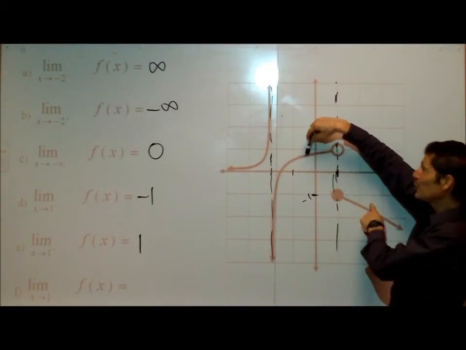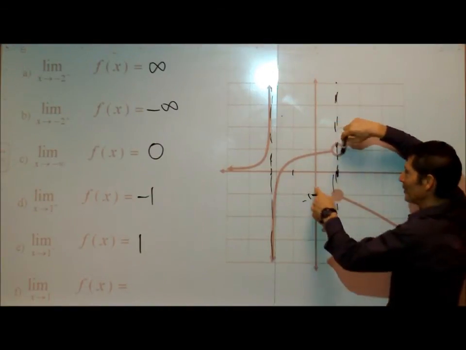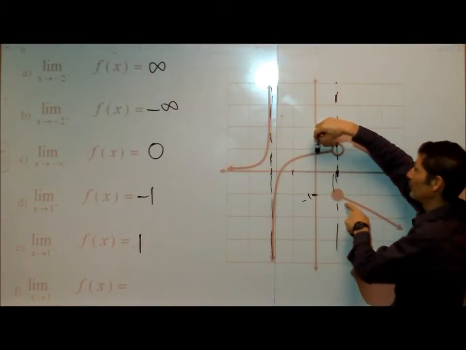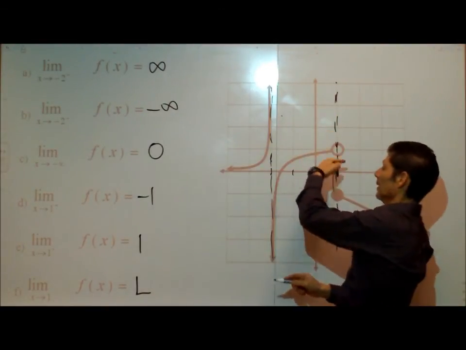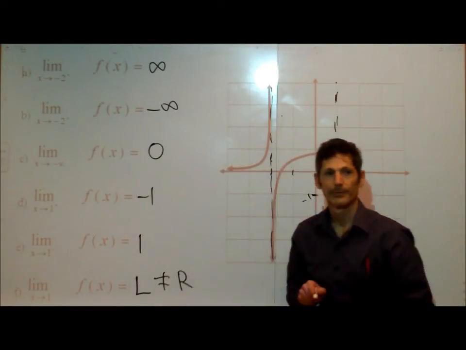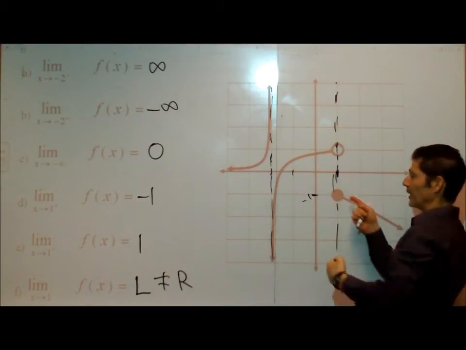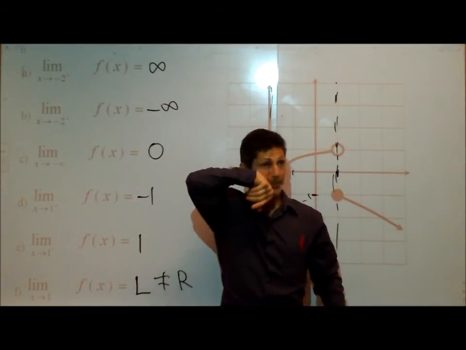I'm approaching 2 different values. In limit definition language, if you're approaching 2 different values, they say that the left side does not equal the right side. I'm going to a different value on the left side than from the right side. 2 different values.